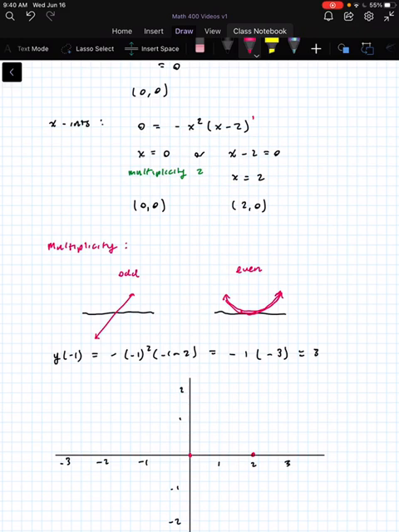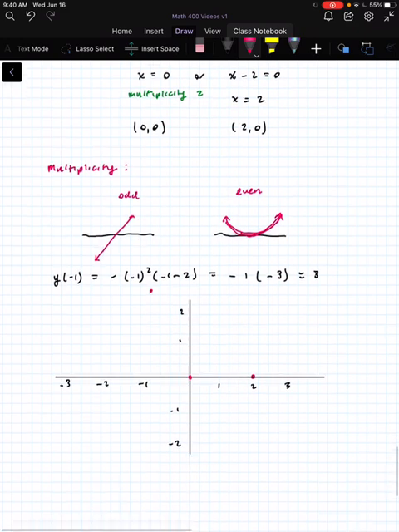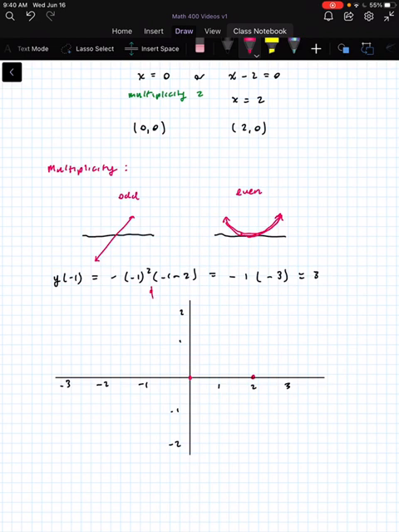It's positive 3. What that means then is that our function starts off like this. And then it hits the origin, bounces up, comes back down, and then dips down again at a turning point, and then crosses through x equals 2.